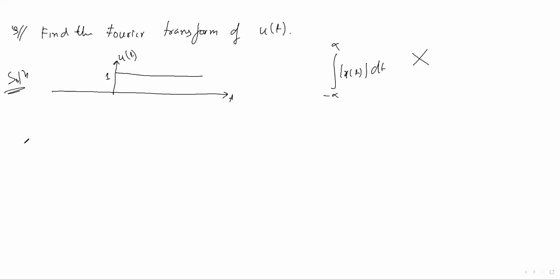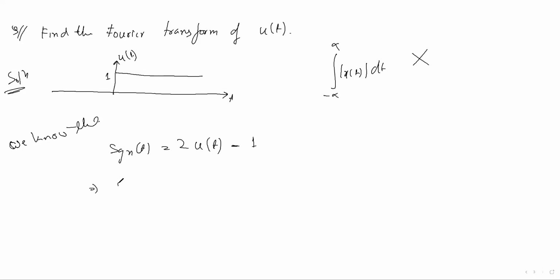But let me solve it using the concept that we learned from the previous problems. How can we solve it? We know that the signum function can be written as u(t) minus u(-t), and I gave this formula earlier.